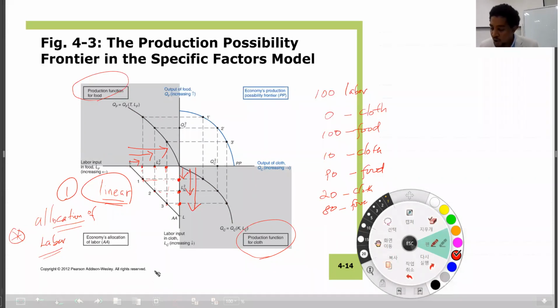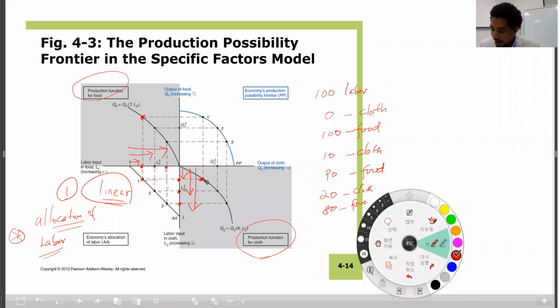Okay, so with this amount of labor for food and clothes, you produce this amount of food, and for this amount of labor for food and clothes, you produce this amount of clothes.